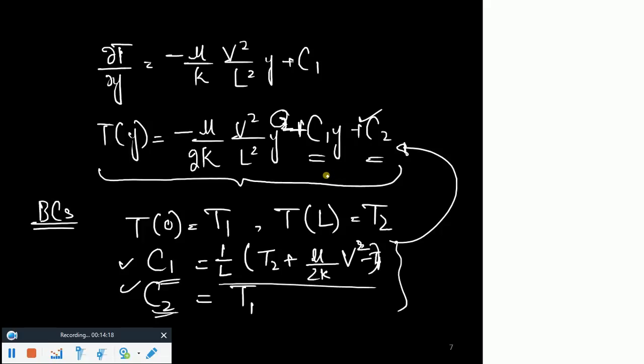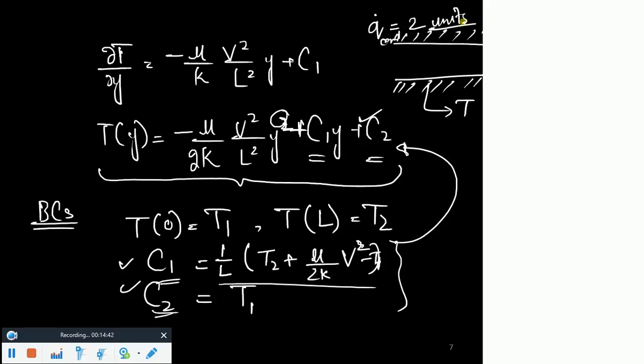Only isothermal boundary conditions. Like for example, if I give you a problem where I say that this plate is at a temperature T1, let's say, but on this plate you have Q dot conduction, let's say I just specify the temperature gradient or flux, for example. I just say it is 2 units.